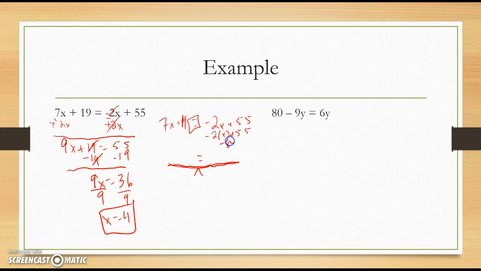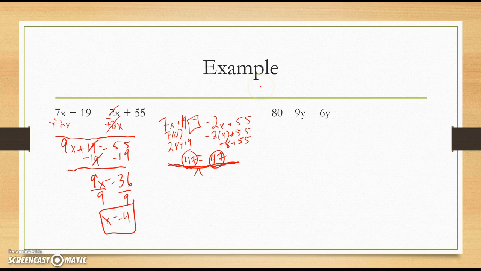So that's negative 8 plus 55. Since 55 is positive and the 8 is negative, I'm going to subtract these. That will give me 47. So I plug in 4 on this side. 7 times 4 is 28. 28 plus 19 is 47. So 47 equals 47. 4 is my solution to this problem.